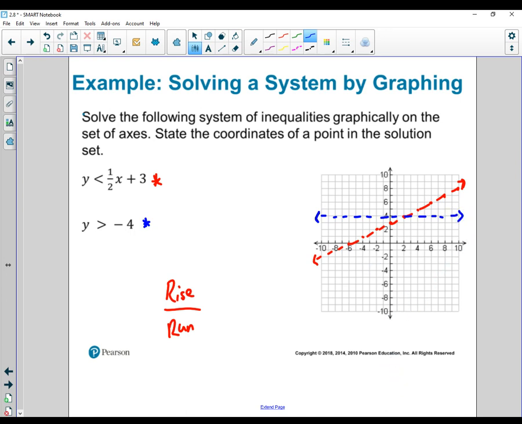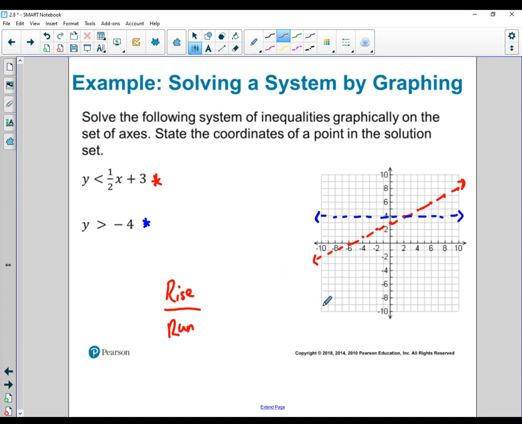Now, we need to understand what's going on with the less than and greater than. So remember, when we shaded these, for this red one, if we said y is less than 1/2 x plus 3, that means we want all the y values less than this line.